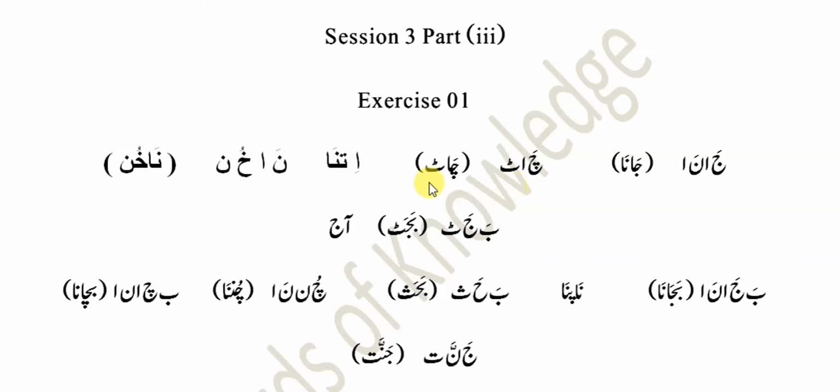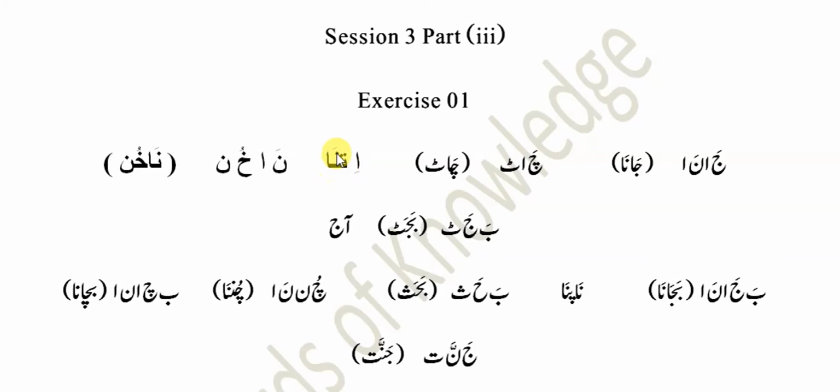Then the next word has 4 alphabets, and the first alphabet of this word is called Alif. It has a diacritical mark under it. It is called Zair sign. So we'll read it like Alif Zair Te. This one is Te.